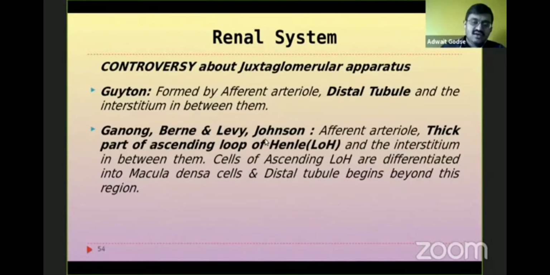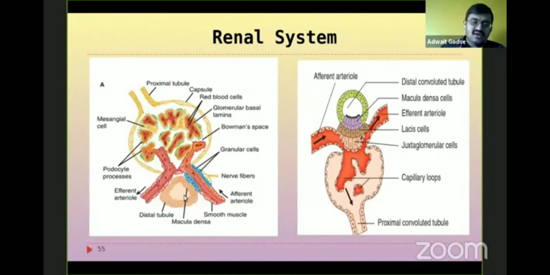But now the confusion will increase when I show you the diagram. This is a diagram from Ganong. This is a diagram from one Indian author's textbook. You will find here distal convoluted tubule, distal tubule. Here also you will find distal tubule.